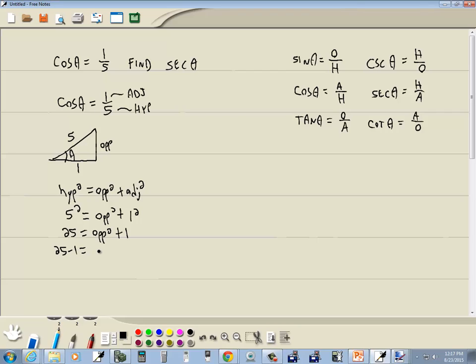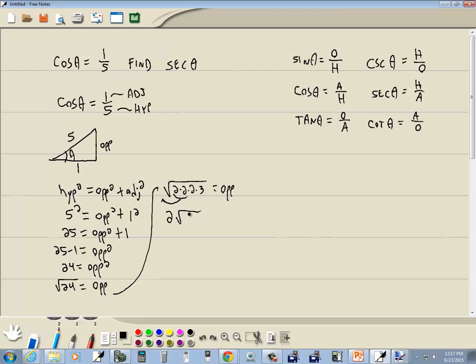Take the 1, move it over, and we get 25 minus 1 is 24 is equal to opposite squared. Drop our squared and put a square root around the other side. And then 24 is 8 times 3. We're looking for a pair of something. So here's a pair of 2's. So a pair of 2's comes out as a single 2, and we're left with 2 times 3 inside, which is 6. And that would be our opposite.